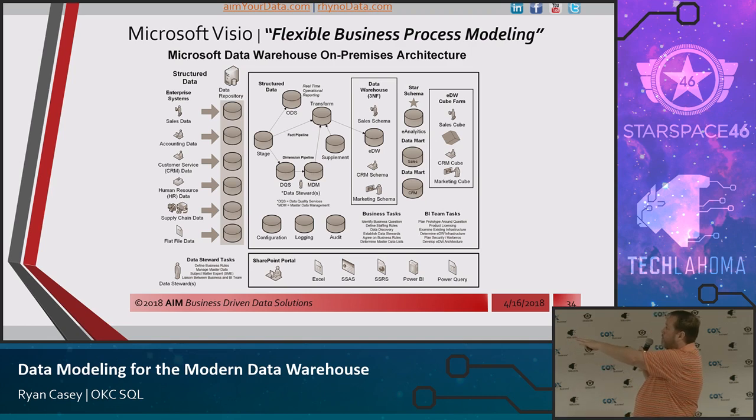But we start pretty much where we bring our structured data in from our source systems. We deal with the ODS, master data management. I'm not going to go through this because I'm sure you're all very familiar with it. But this is a way you can use something like Visio to visualize the data and the process of the data and the tools you'll be using, along with the data model that you were just designing that's more related to the data.